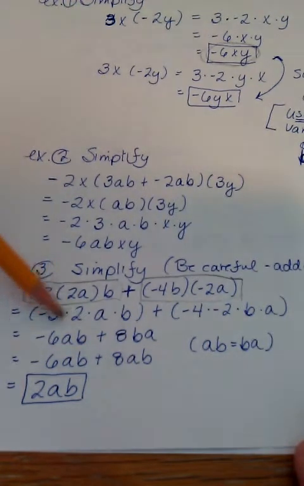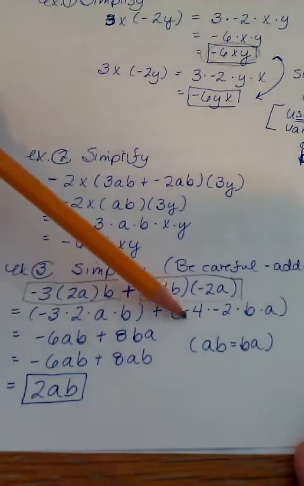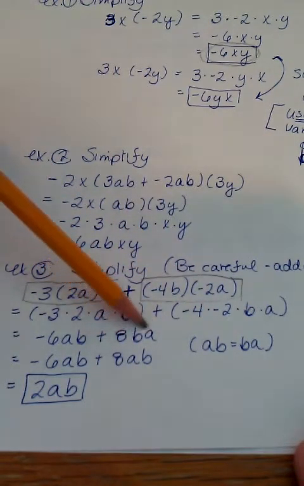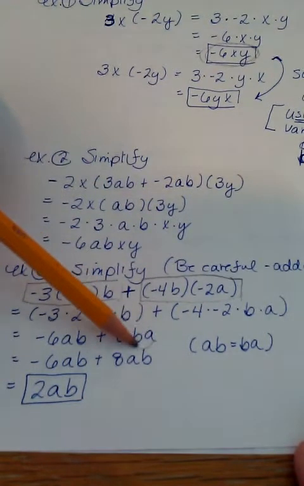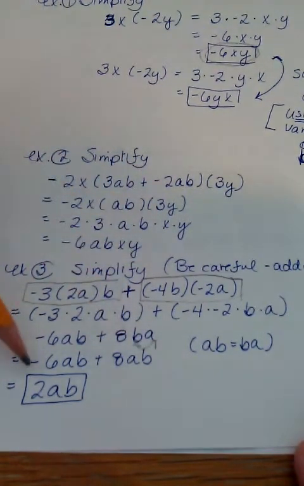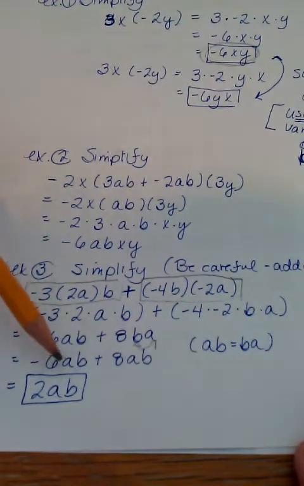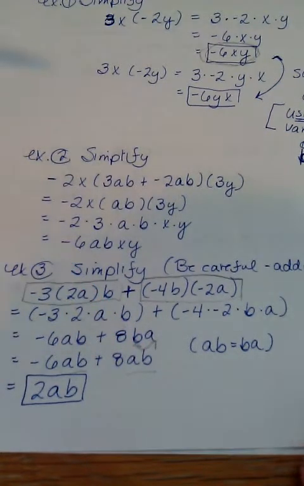This gave me negative 6ab. This gave me, well, negative times negative became a positive 8ba, but I know that ab equals ba, so I can just switch those places right there, and I get negative 6ab plus 8ab. Well, now I can see that I have like terms because I have the same variables. Since I have like terms, I can combine them, and that leaves me with 2ab.